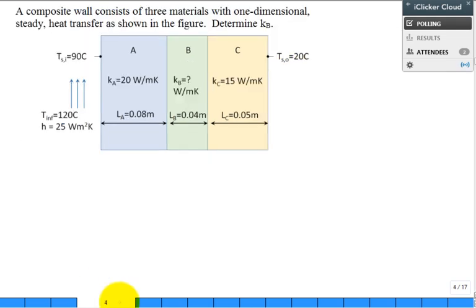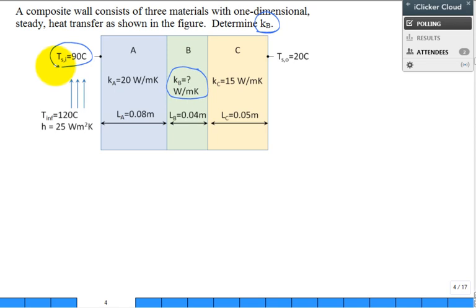Well, you take the same type of problem and maybe you just change up what's given and what you're asked to calculate. So in this case, it looks like the same problem, but they've taken away the thermal conductivity of material B, and they've given you TSI, and now just solve for the unknown KB. What's the thermal conductivity of material B?